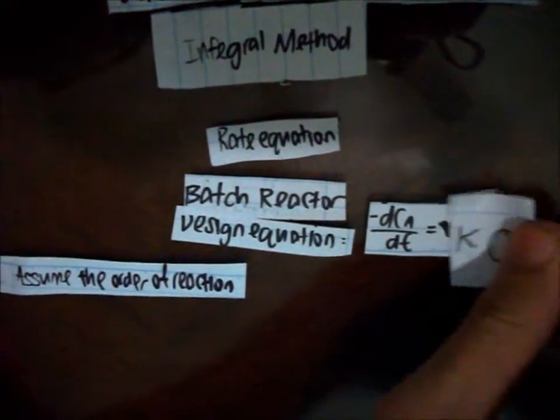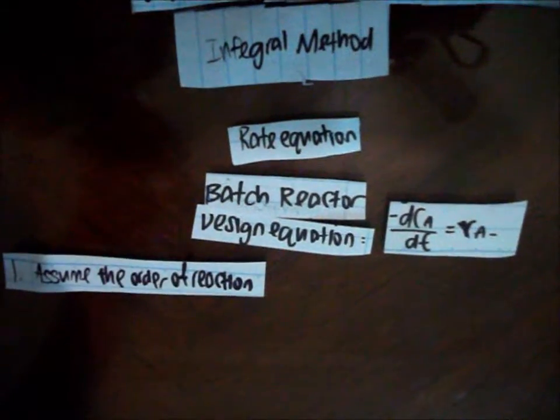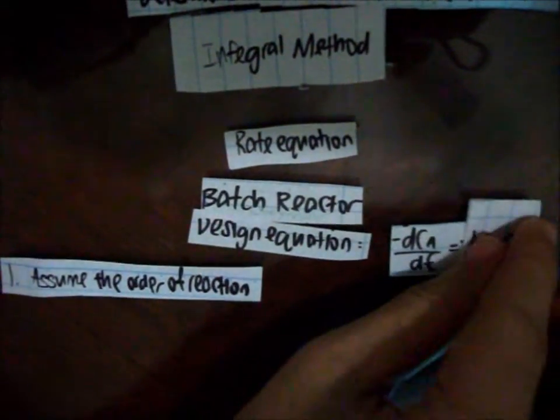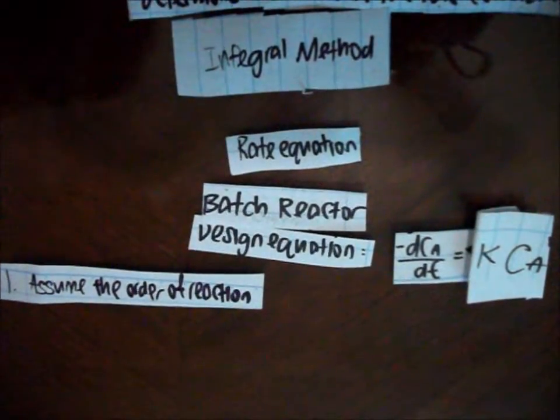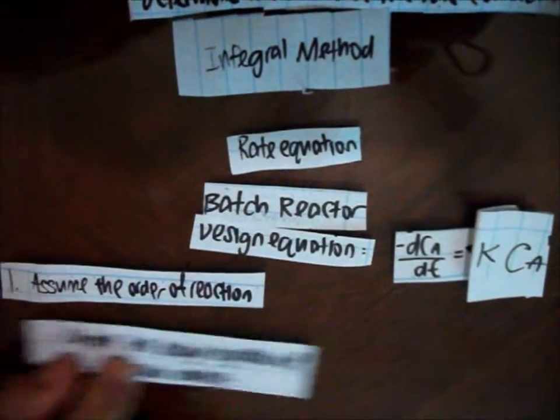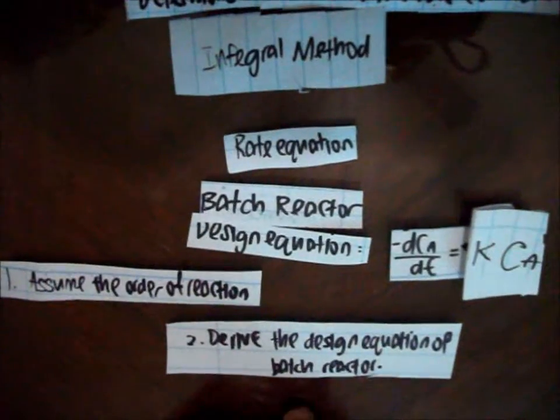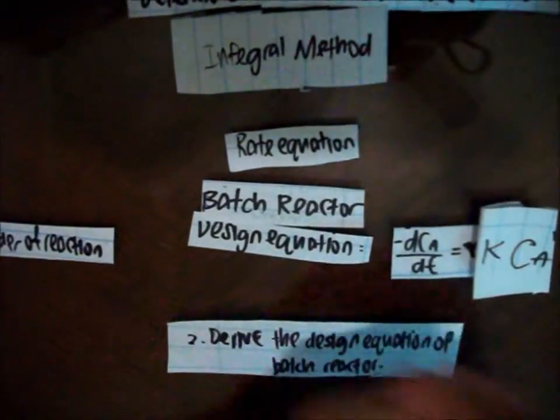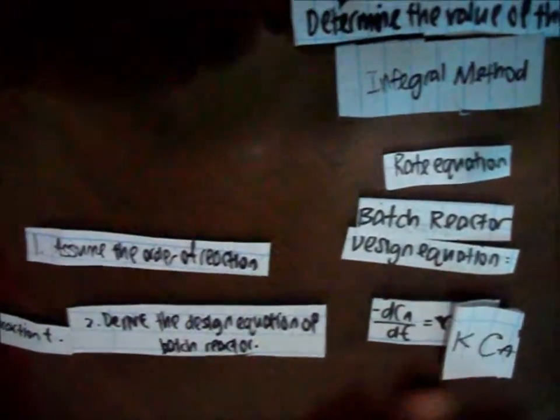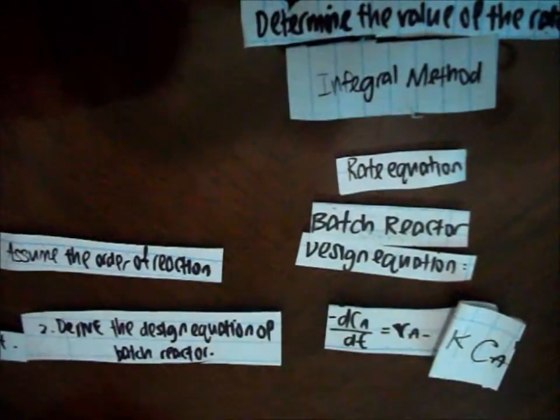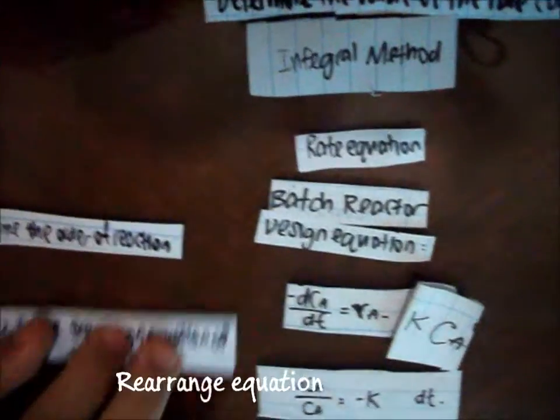It will become basically k multiplied by CA. We will make use of this equation later on. The second step is to derive the design equation of the batch reactor. We make use of this equation, and we can further rearrange it into this equation.